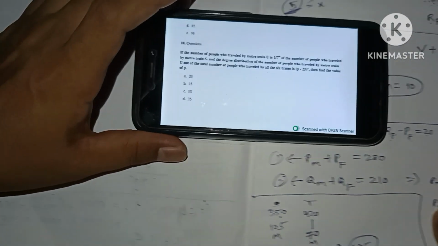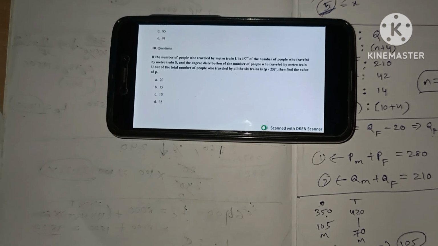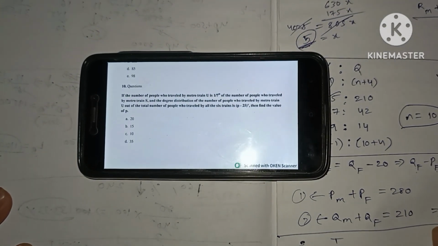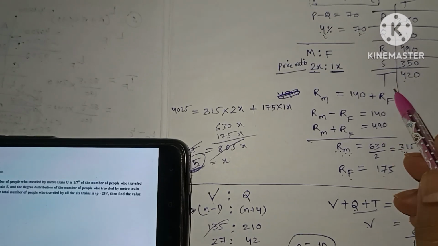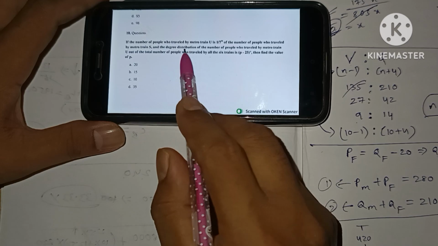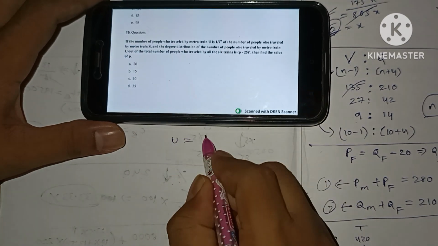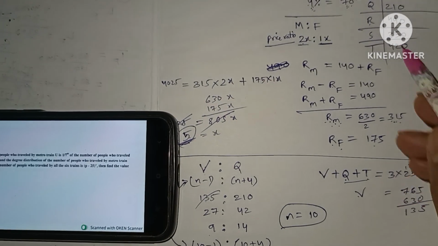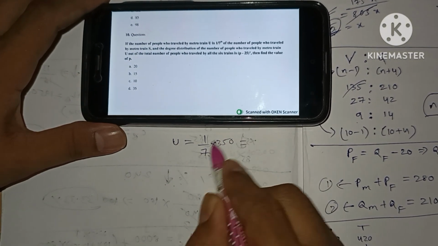final question. Let's see this question. If the number of people who traveled by metro train U, in our basic chart there is no train U, so here we need to find the values of U. The question says that the number of people who traveled by U is 1/7 of the number of people who traveled by metro train S. Metro train S is 350, so 1/7 of 350 will be 50.